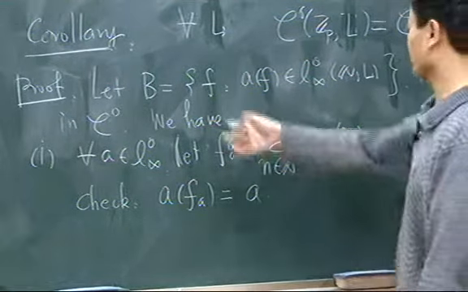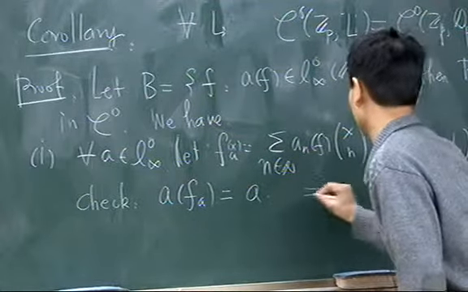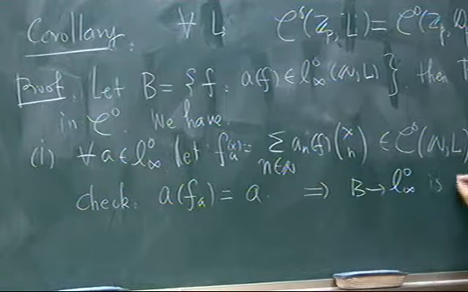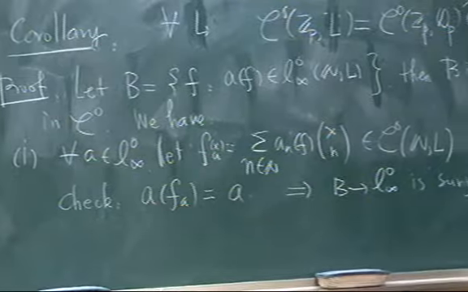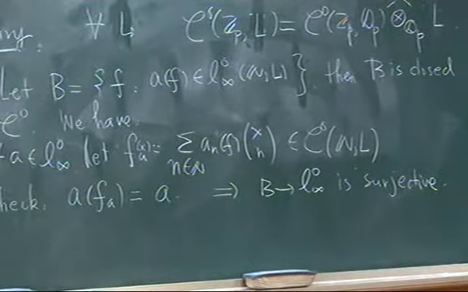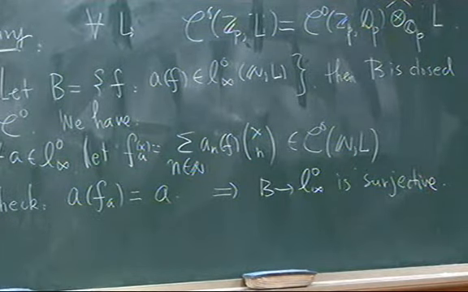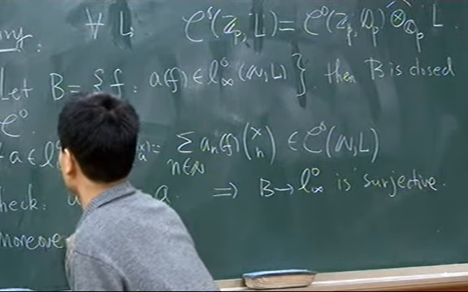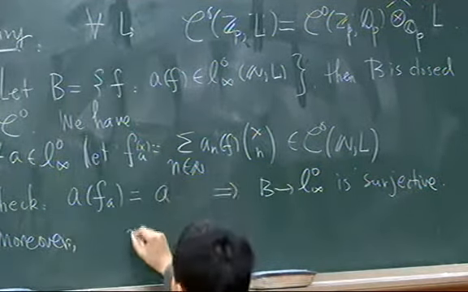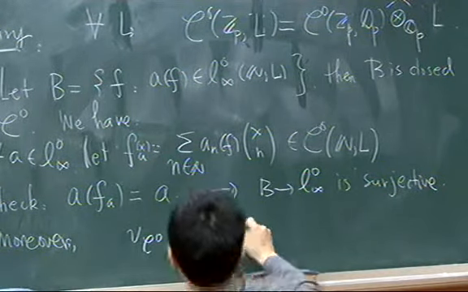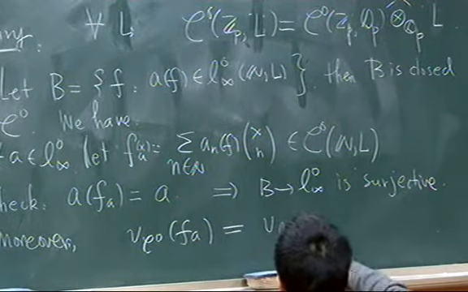Moreover, it is not only surjective but also an isometry: the norm of f(a) in C0 equals the norm of a in L infinity.